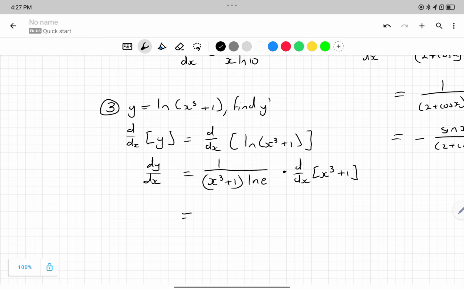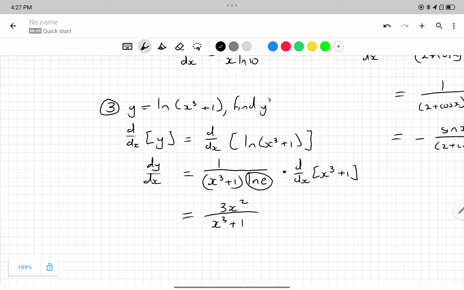So what we get here is 3x squared over x cubed plus 1. This part is times 1. Why is that? Let's figure it out.